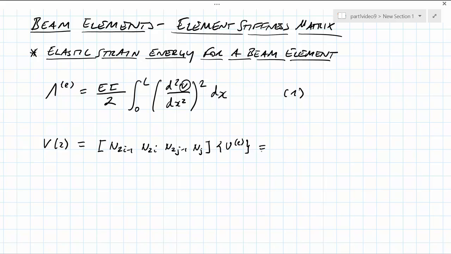This can also be written as N times ue, where N is a matrix containing the shape functions. We can differentiate this term by term to get our expression for the strain energy.